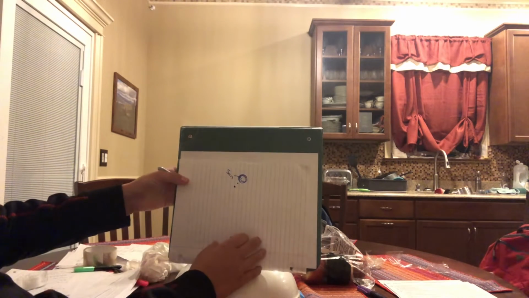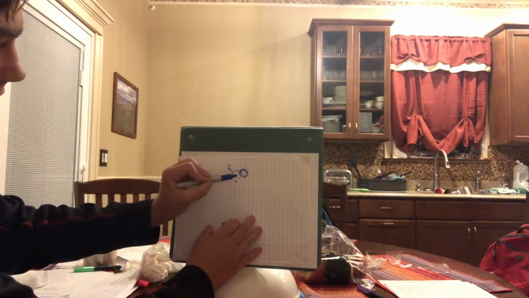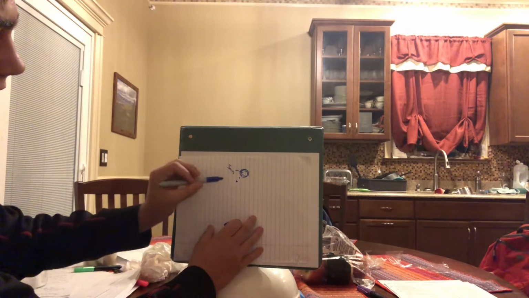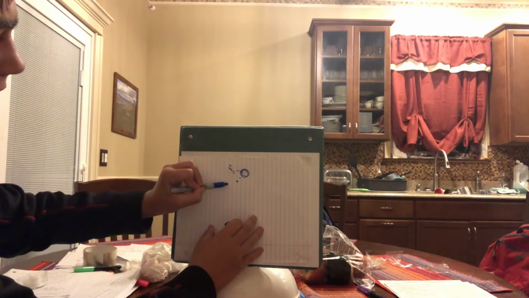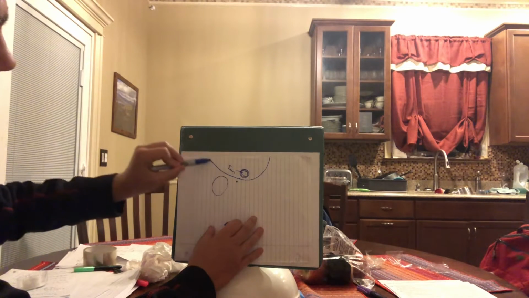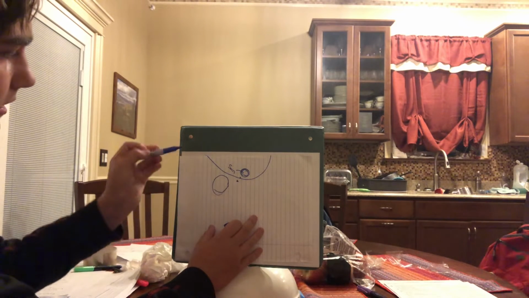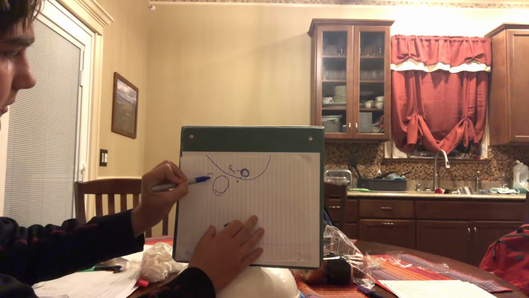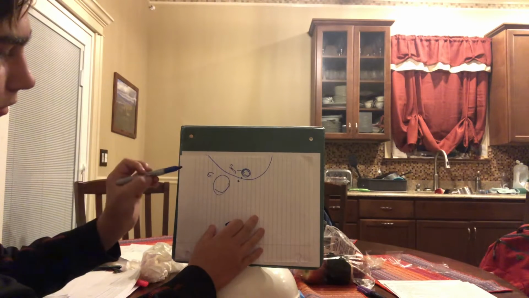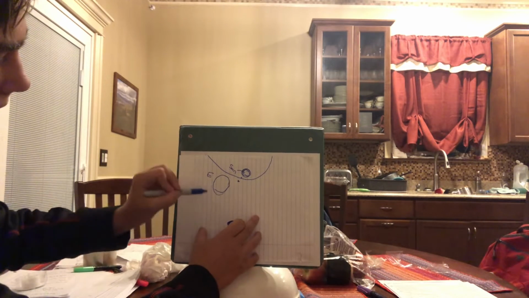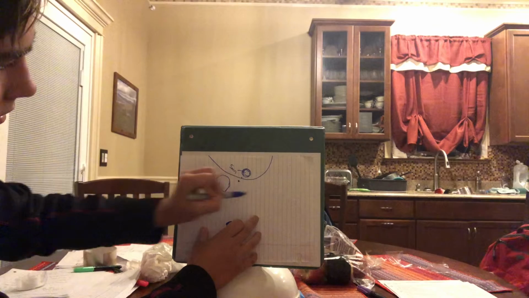So we have the sun, Mercury, and Venus. As I said, this is not to scale, so the sun would be much bigger than that, but here's Earth. I'm going to label it E. As Earth orbits the sun, we go that way.